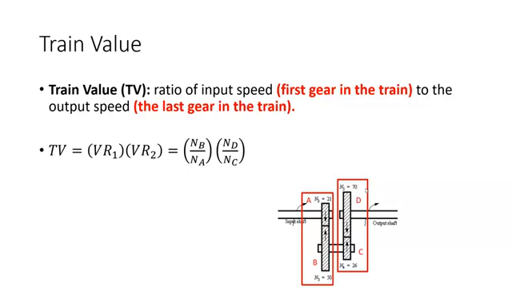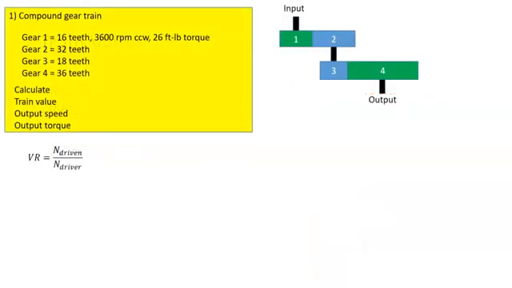Another way of looking at it is the product of the velocity ratios of the gears. So the ratio of the first set and the ratio of the second set multiplied together gives you the train value. You need to know both velocity ratios to get the train value.